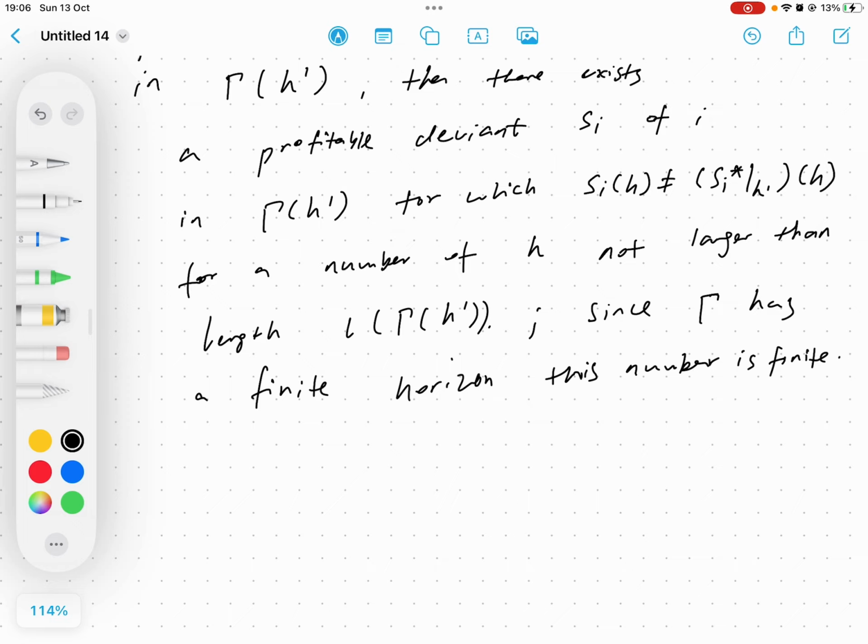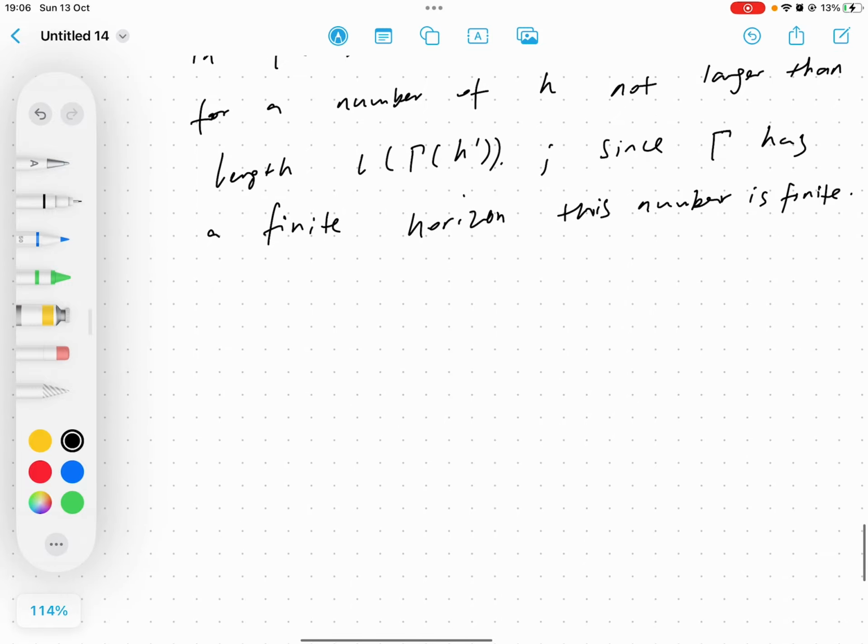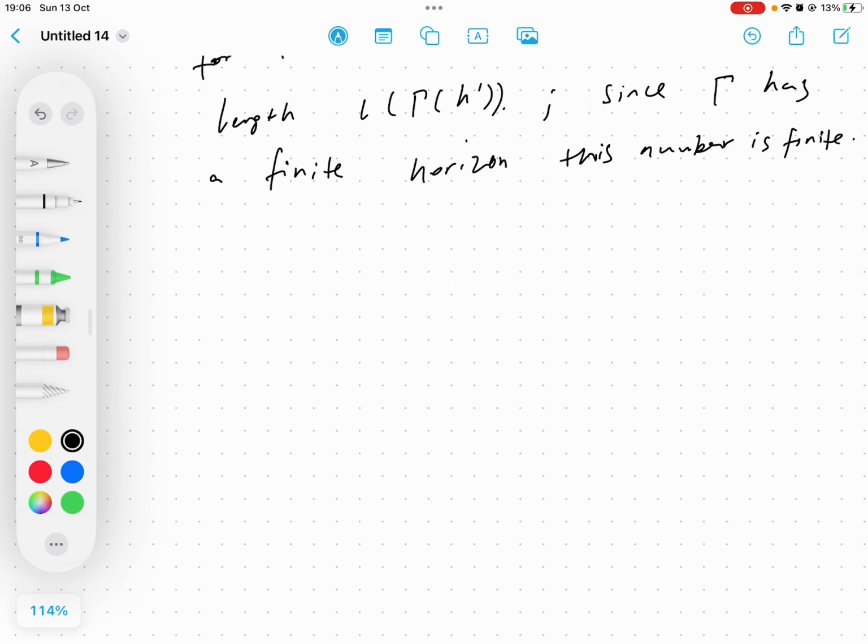So from among all the profitable deviations, player I in gamma h prime chooses a strategy Si for which the number of histories h such that Si h is not equal to Si star following h prime is minimal.